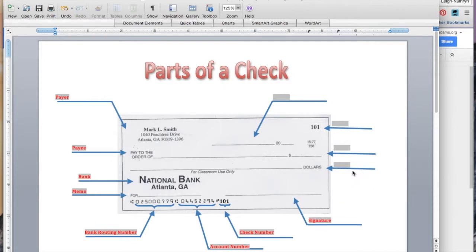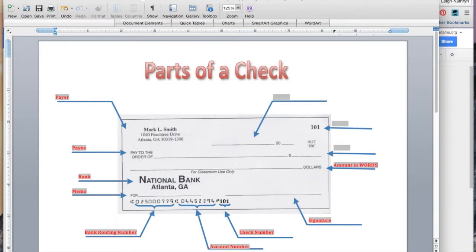Okay, coming around the corner here on our check, this arrow is pointing to this entire line that ends in the word dollars. When we write out a check, we have to tell it how much money the check is worth. So this is the check amount. However, we write out the amount in words.